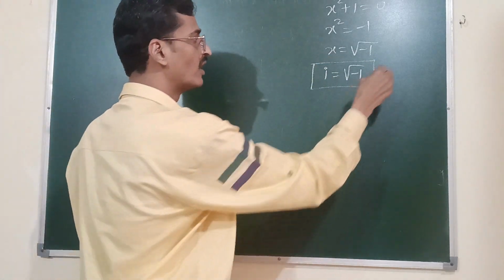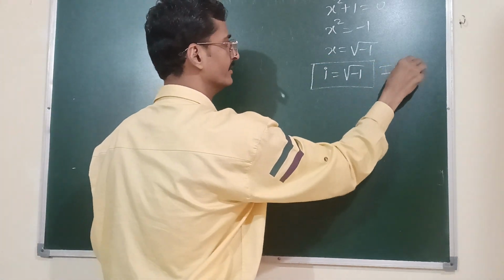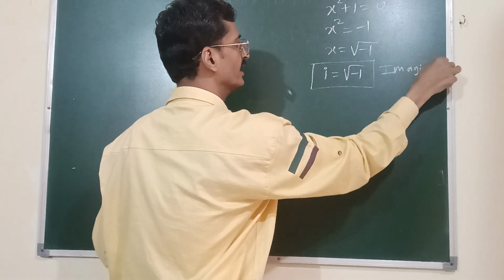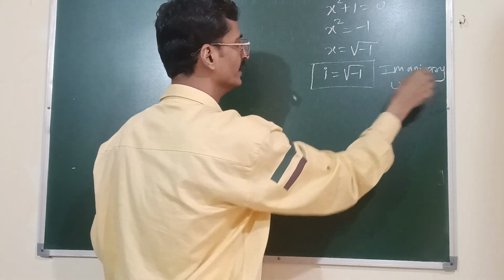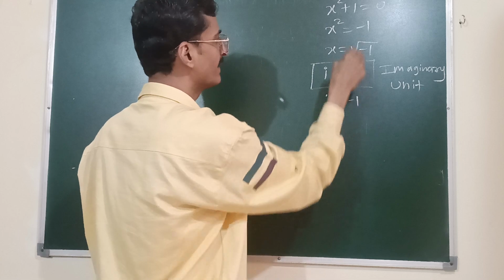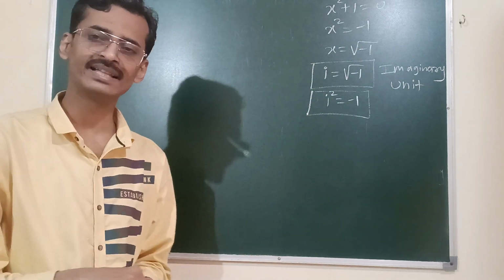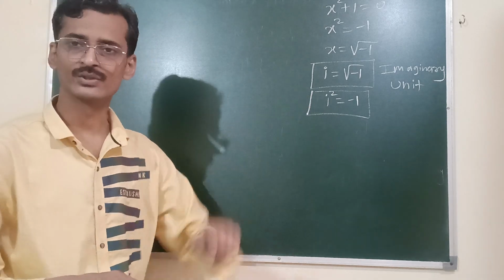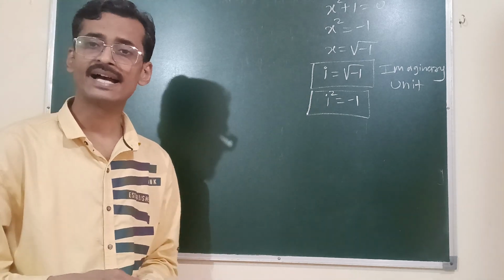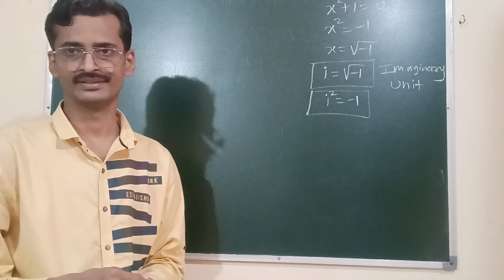This is called the imaginary unit, where i square is minus 1. So remember these two things: i is root of minus 1 and i square is minus 1.